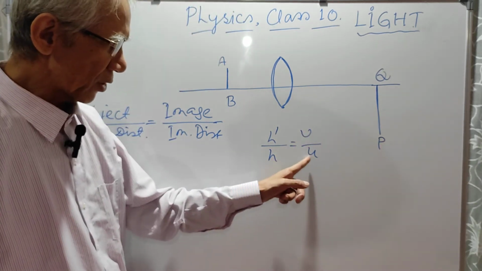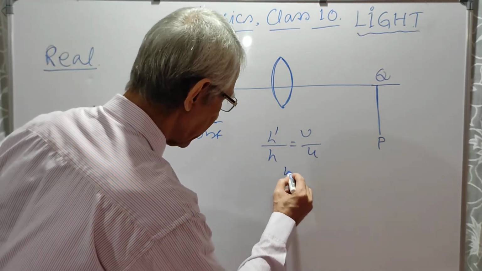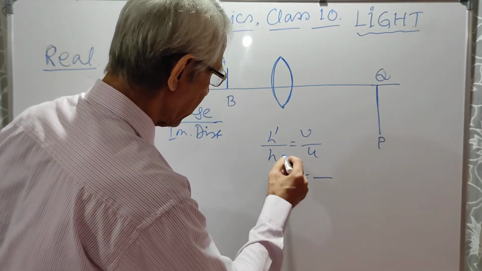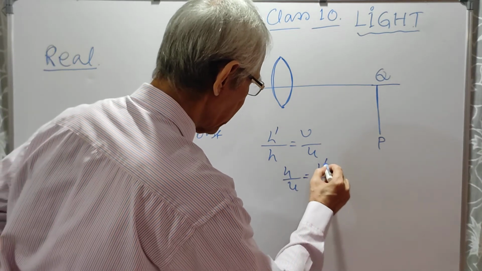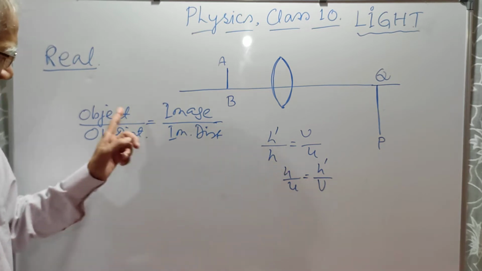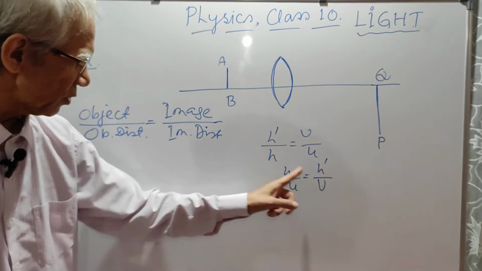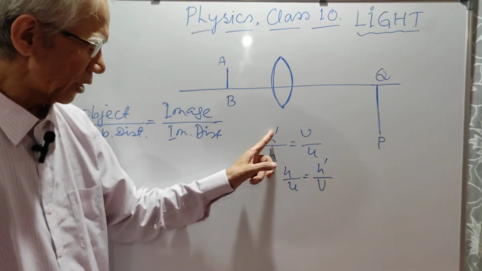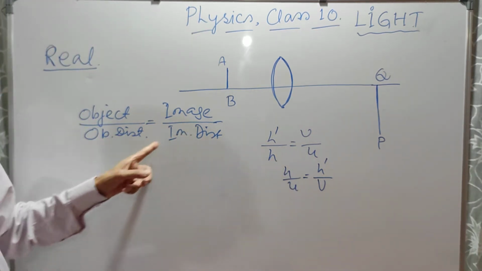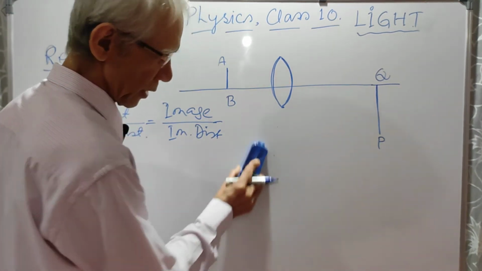So image distance, object distance, size of image, size of object. H is object, u is object distance, h dash is image, and v is image distance. So from here we get this important relation.